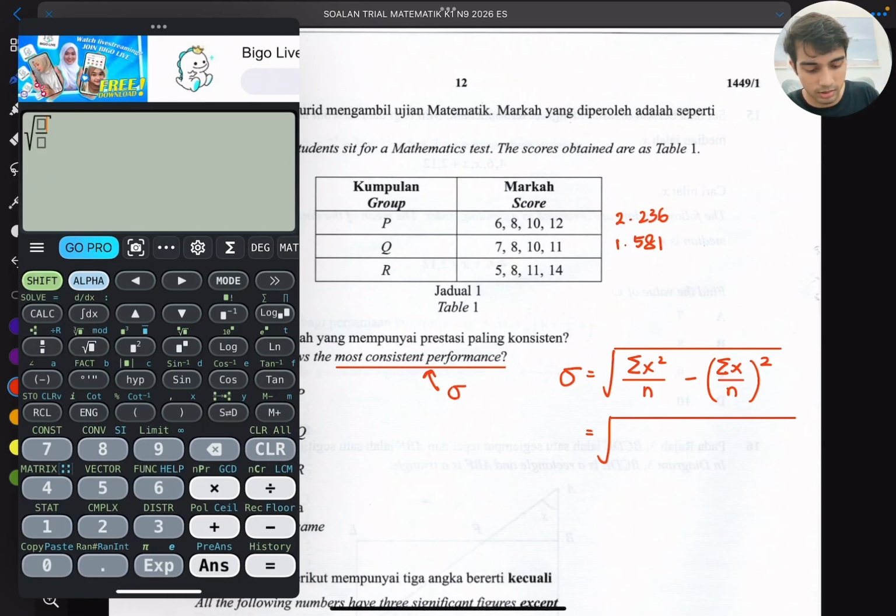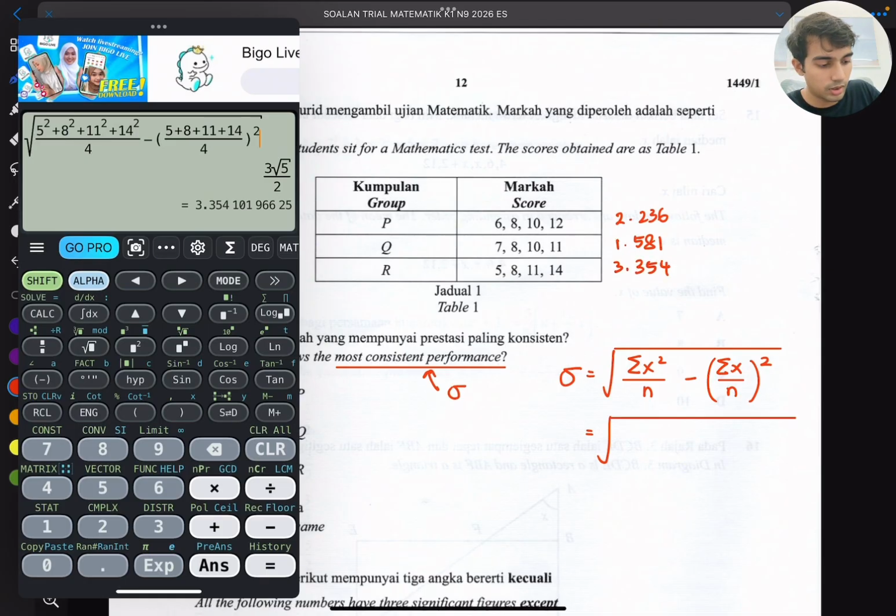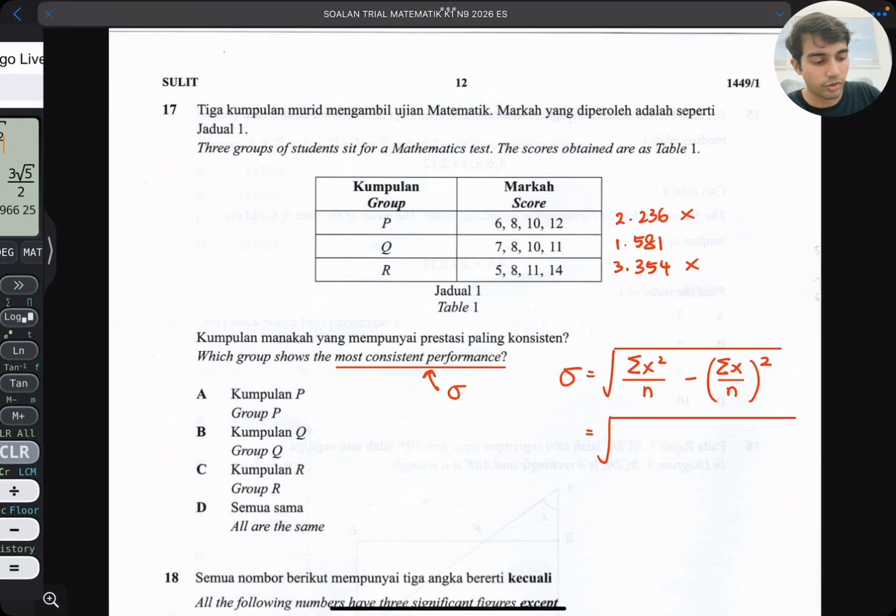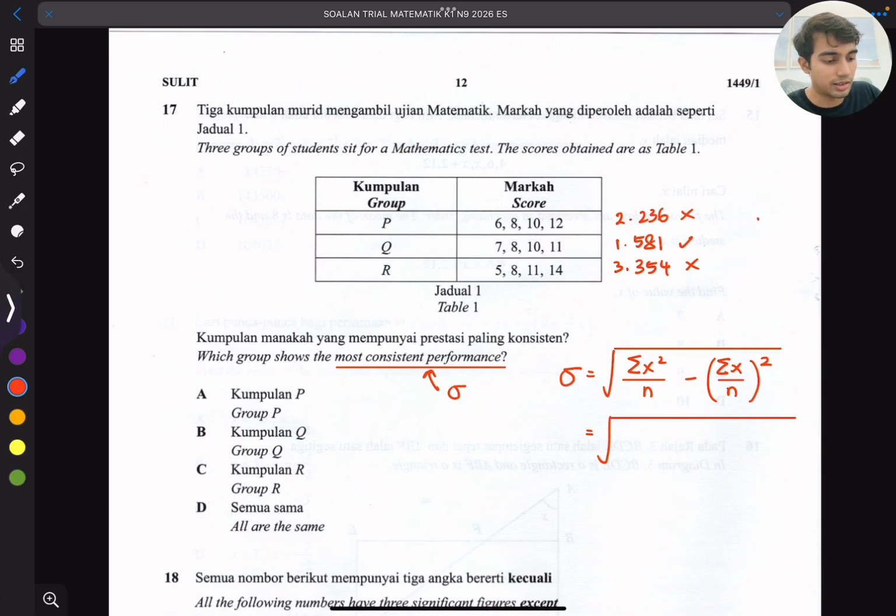Next one, 5 square plus 8 square plus 11 square plus 14 square divided by 4, minus 5 plus 8 plus 11 plus 14 over 4. Don't forget to square it. Here we get 3.354. So these two deviate a lot from the mean. This one has a lesser standard deviation, so it's more consistent.